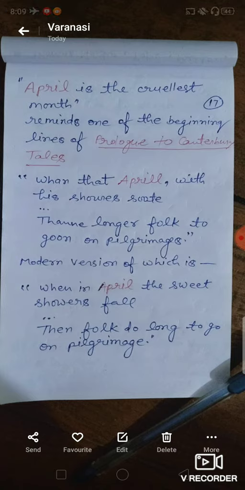"When in April the sweet showers fall, then folk do long to go on pilgrimage." Think about it. There are some more lines in between, that is why I have used these three dots here. "When in April the sweet showers fall, then folk do long to go on pilgrimage."